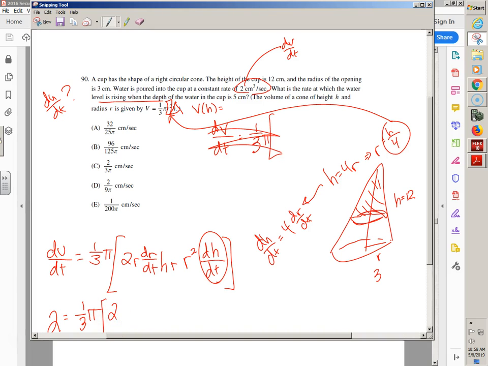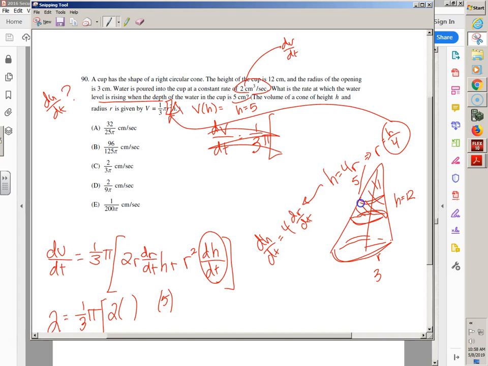We have, when the depth of the water is such that h equals 5, so that's going to be 5. If h is 5, is r 3? r is only 3 for the container, but not for when h is 5. Does that make sense?